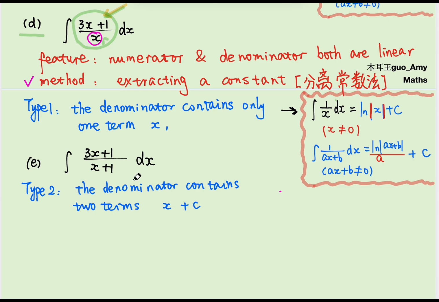Now let's move on to part A. Here we still have a fraction, but the denominator has two terms now. We can't split this fraction into two fractions to get a constant, because if we separate them directly to get 3x on x plus 1 plus 1 over x plus 1, for the first term, we can't cancel out the numerator and denominator to get a constant.